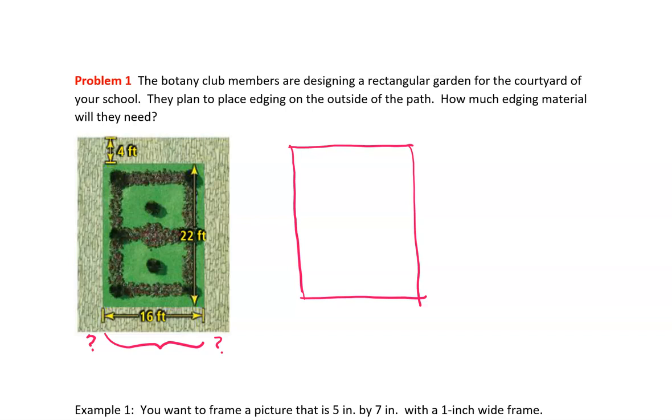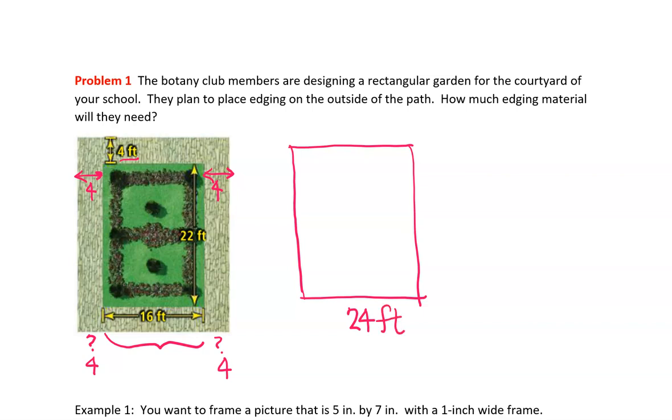But when you're looking at a rectangular garden that has a path going around it, since this up here is 4, that makes this distance right here also 4. And the same on the other side. So here's 4, there's 4, and then 16 altogether. So 16 plus 8 would be 24 feet.